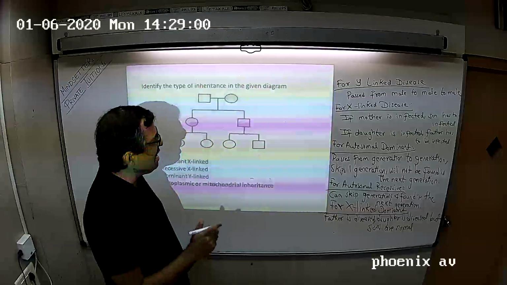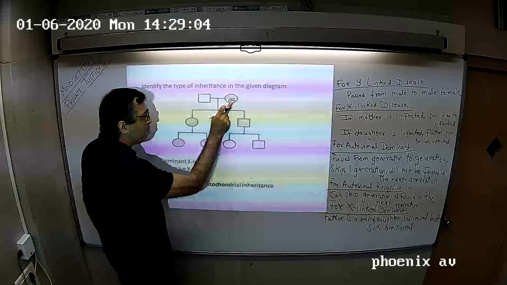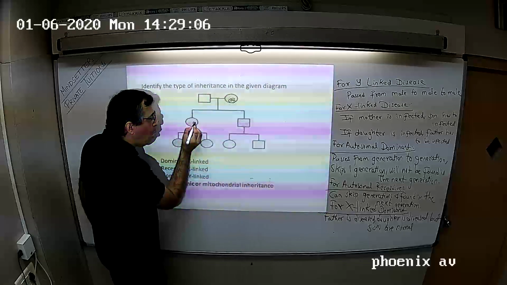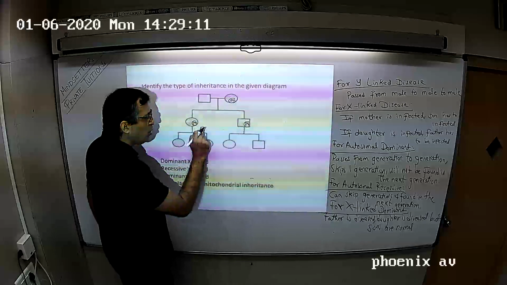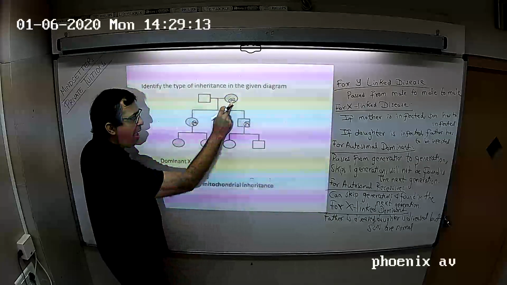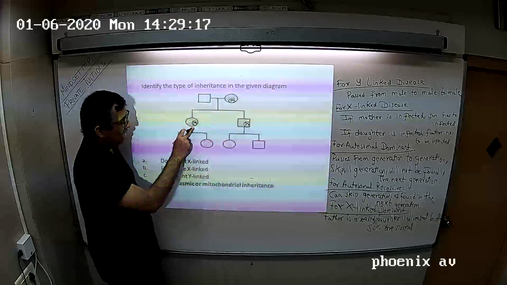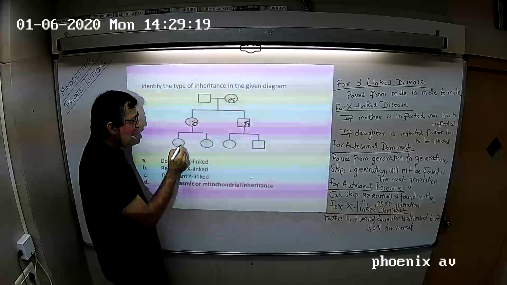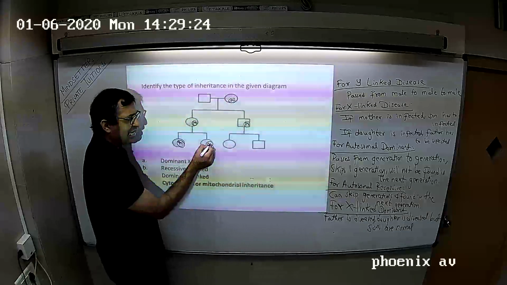So the child will inherit the mitochondria of the mother, and from the mother it is found in both son and daughter. Both son and daughter will show the mitochondrial disorder. So M has passed to both son and daughter. From the daughter, the same M will pass to her next generation. So the mitochondrial disorder will pass to the next generation.